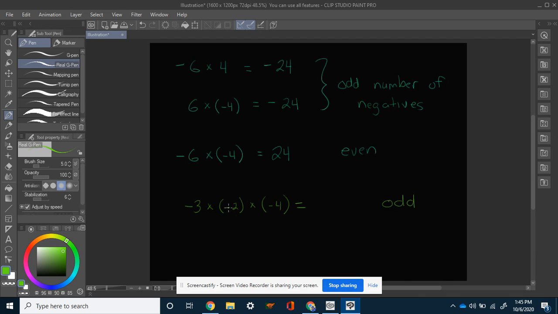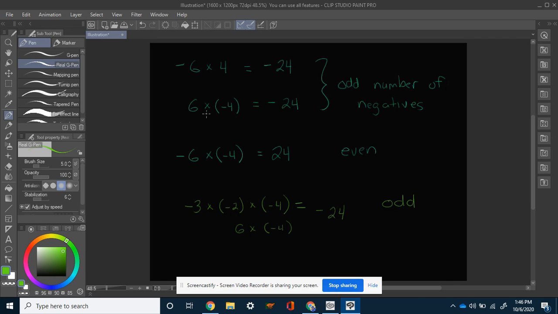Negative, negative, it becomes positive. Right? So negative 3 times negative 2 is positive 6. Positive 6 times a negative 4. Now it goes back to negative. So this is actually going to be negative 24 because there was an odd number of negatives.